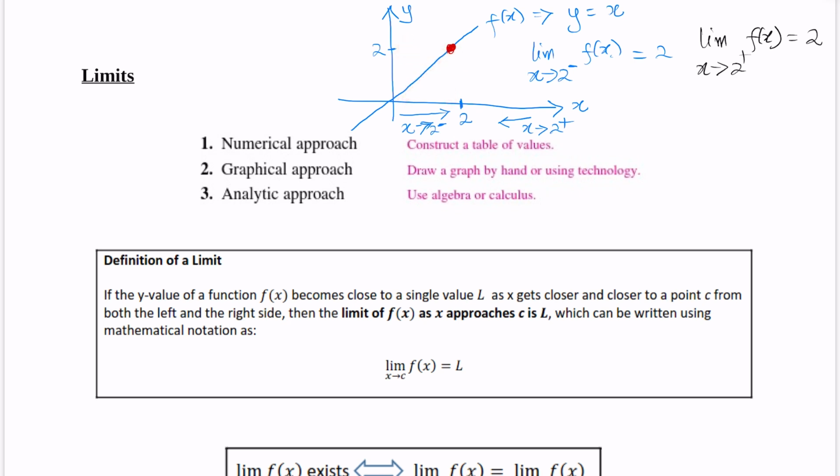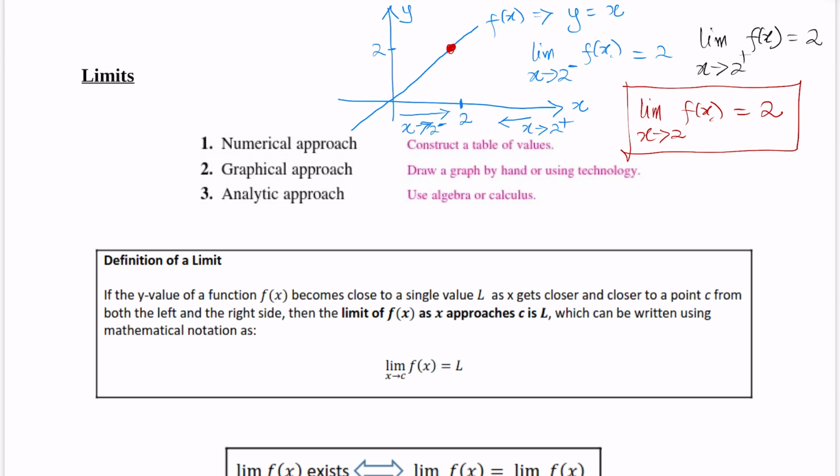So that tells me that the limit as x approaches 2 of f of x is equal to 2. Why? Because the limit on the left of 2 and the limit on the right side of 2 are the same. Therefore, the limit as x approaches 2 of f of x is equal to 2.